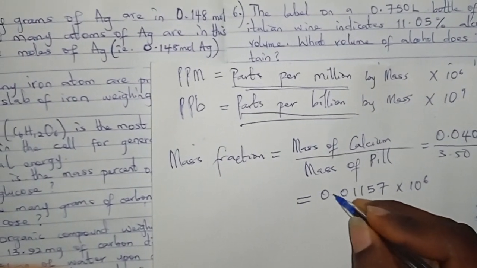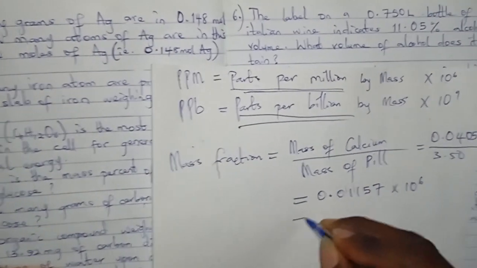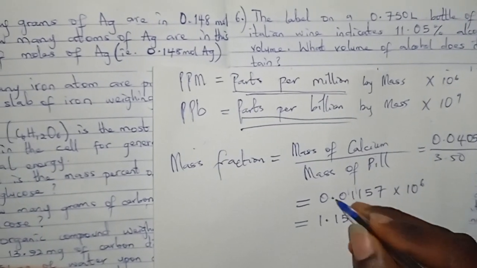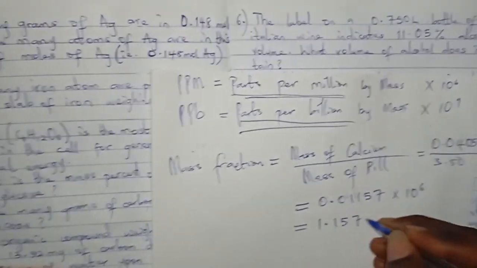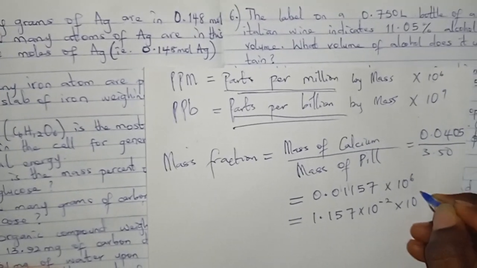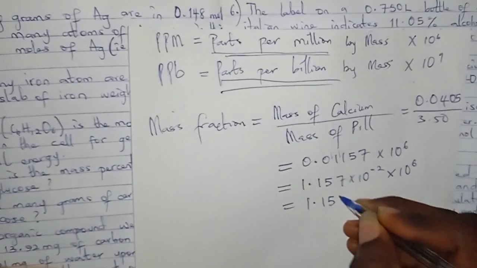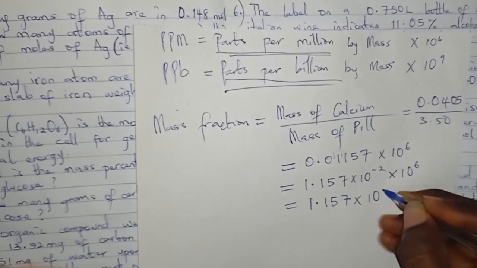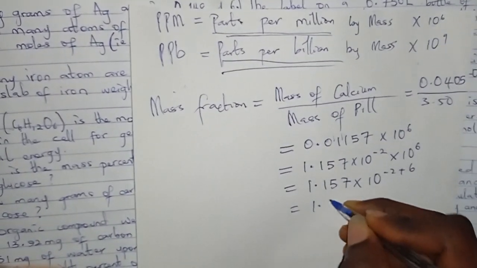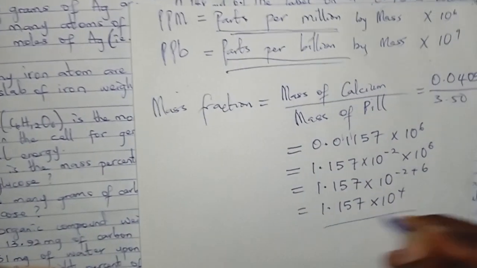And you know that this is the same as saying 1.157 times 10 raised to power minus 2, times 10 raised to power 6. So this is the same as 1.157 times 10 raised to power minus 2 plus 6, adding the indices. So this is 1.157 times 10 raised to power 4.